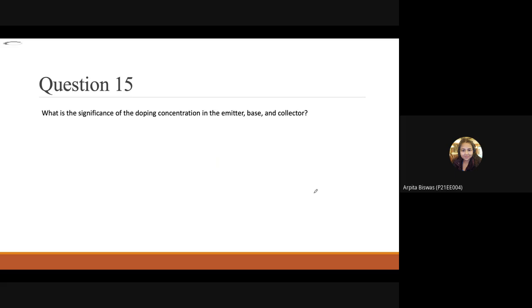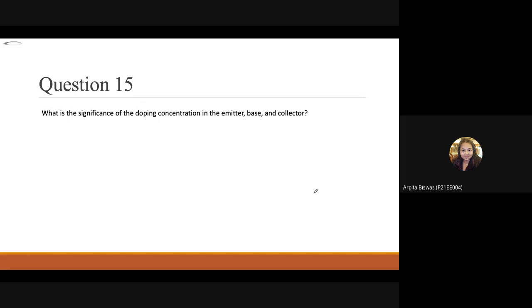So now tell me what is the significance of the doping concentration? Where it is heavily doped, where it is lightly doped, and why? Can anyone of you explain a little bit? Ankit, which region is heavily doped, and what is the reason behind it?